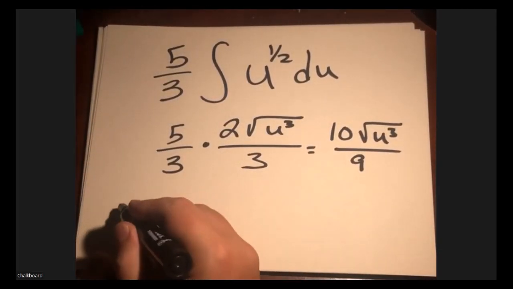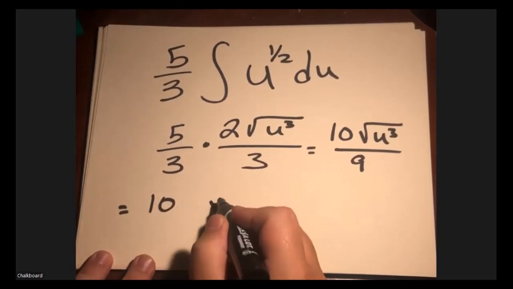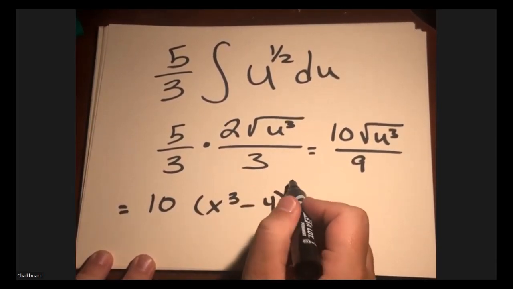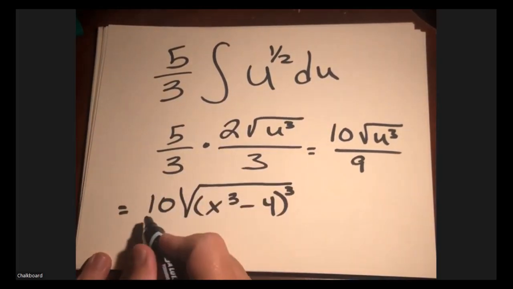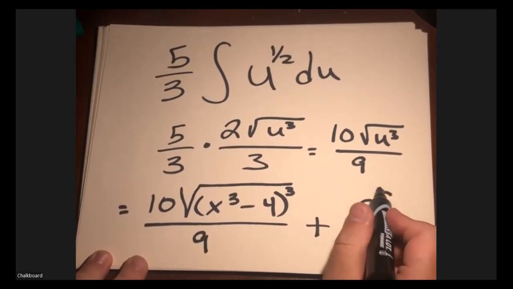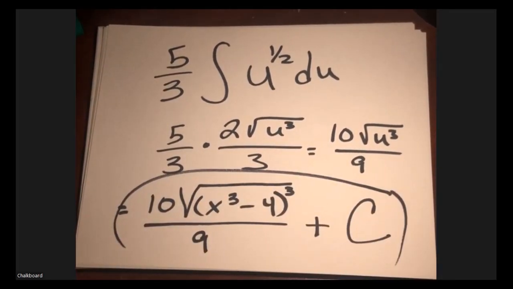So this just became equals 10 times the root of x cubed minus 4 quantity cubed, all over 9 plus c. There you go. That's the answer for that one.